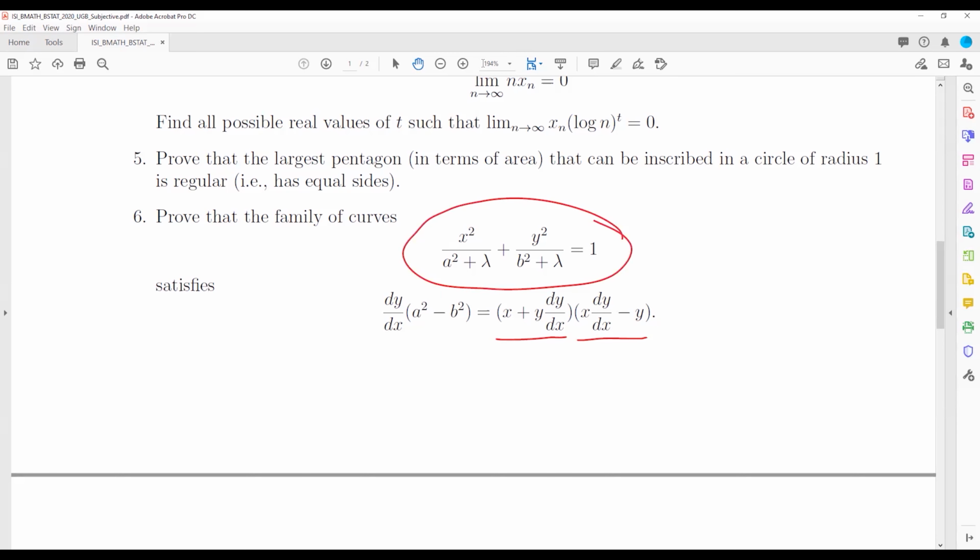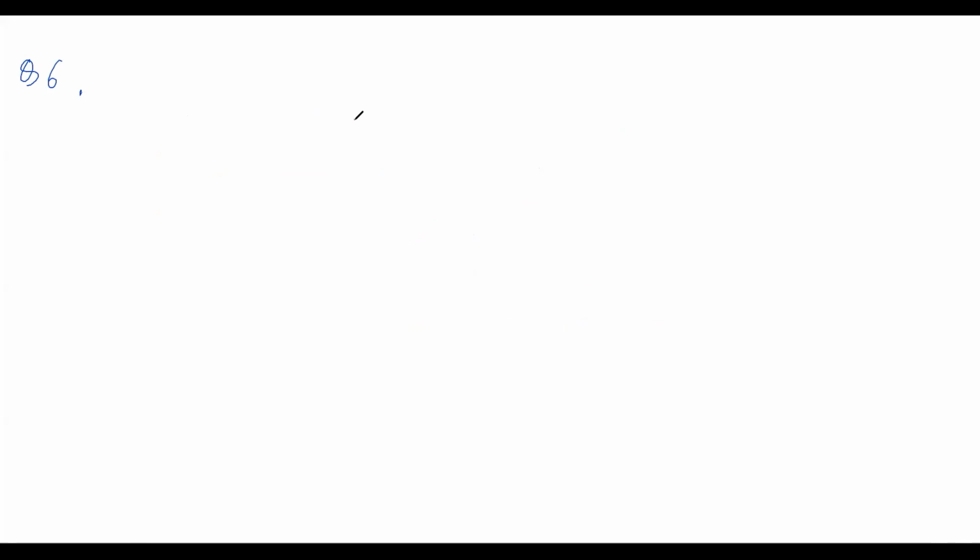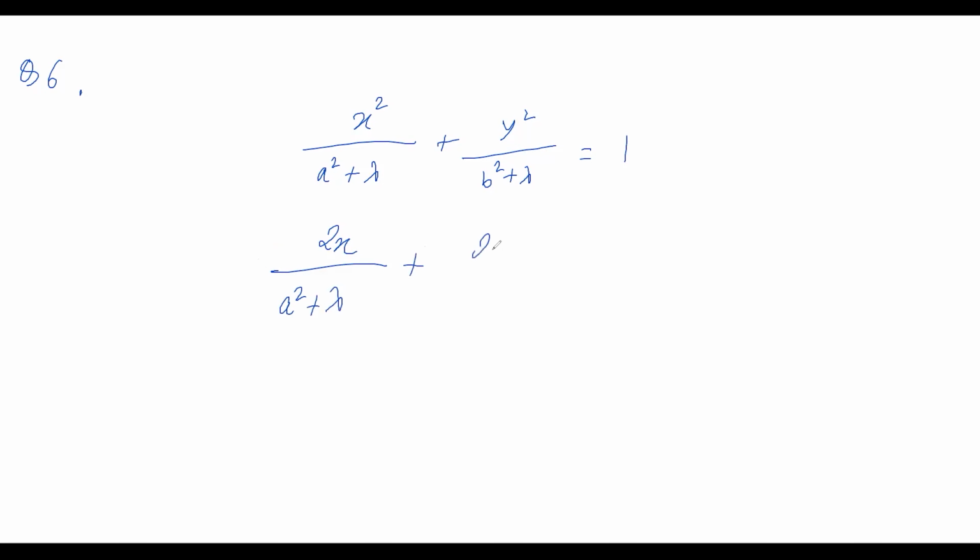Let's see what happens. So now the given relation is x squared by a squared plus lambda plus y squared by b squared plus lambda is equal to 1. And now if I differentiate this with respect to x, I get 2x by a squared plus lambda plus 2y dy by dx by b squared plus lambda is equal to 0.